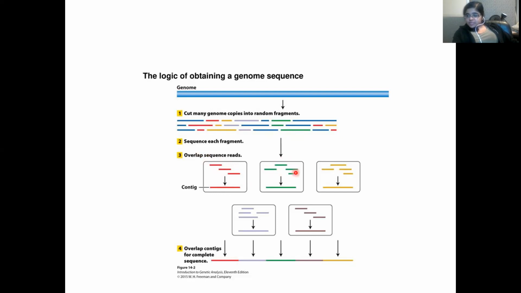We overlap these sequences, and then these overlapping contigs end up as our scaffold, right? The contigs overlap with each other, and then you put them together to find that whole sequence.